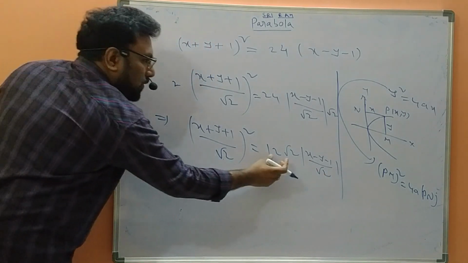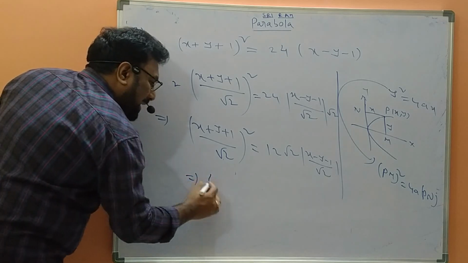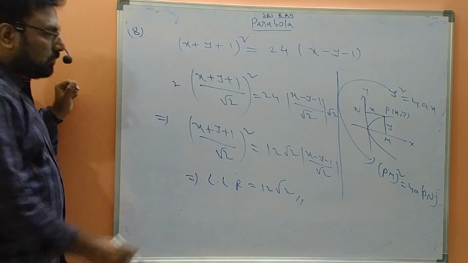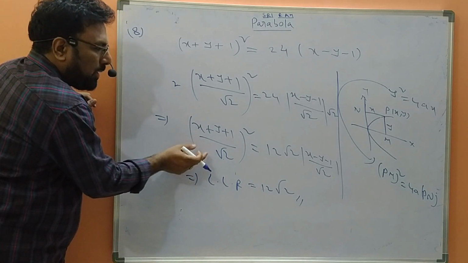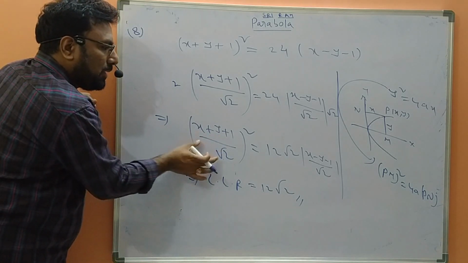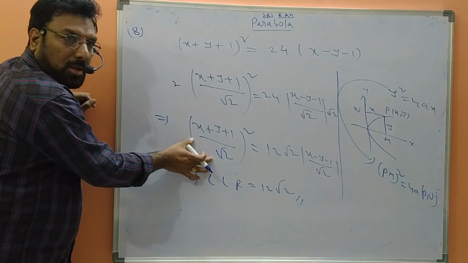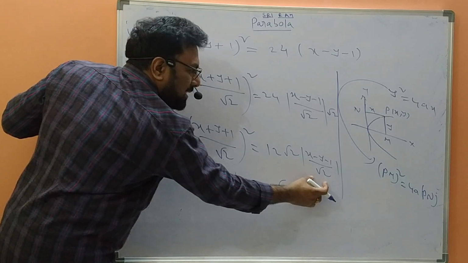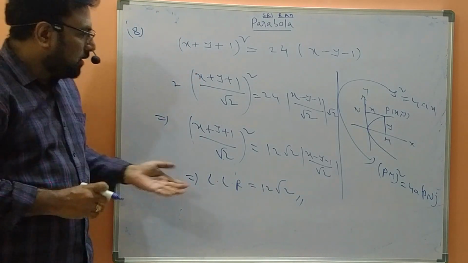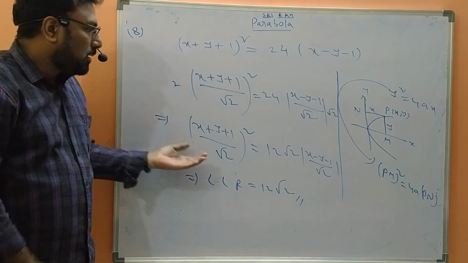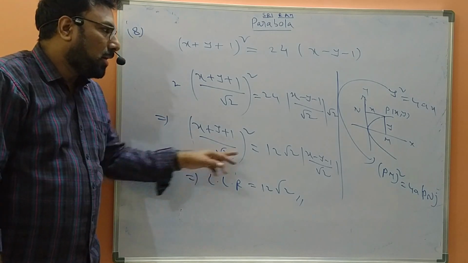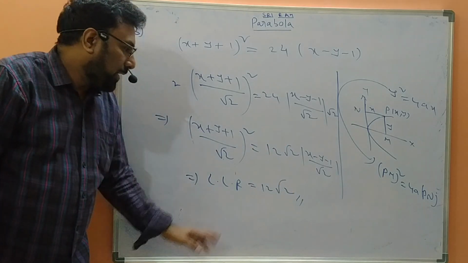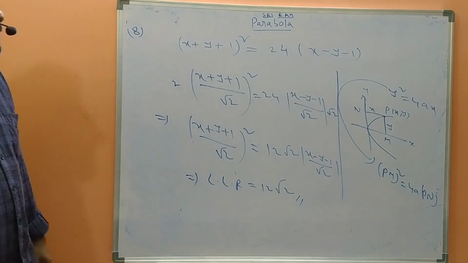So 4a is equal to 12 root 2, which implies LLR, length of latus rectum, is equal to 12 root 2. If we take x plus y plus 1 by root 2 equal to 0, that is the axis of the parabola. If we take x minus y minus 1 equal to 0, that is the tangent at vertex. So we can find from this equation the axis of the parabola and also the tangent at vertex. Finally, I am getting length of latus rectum of the parabola is equal to 12 root 2.